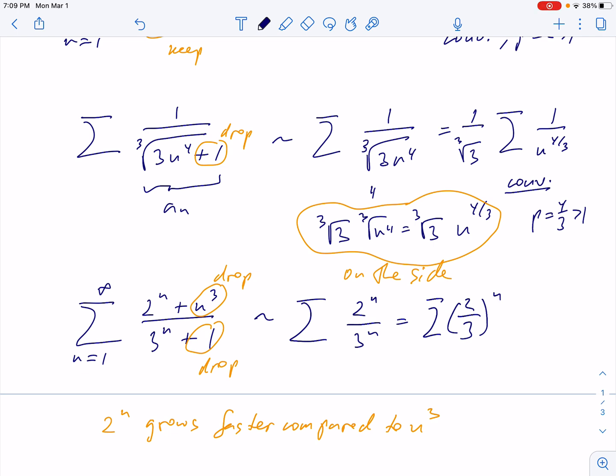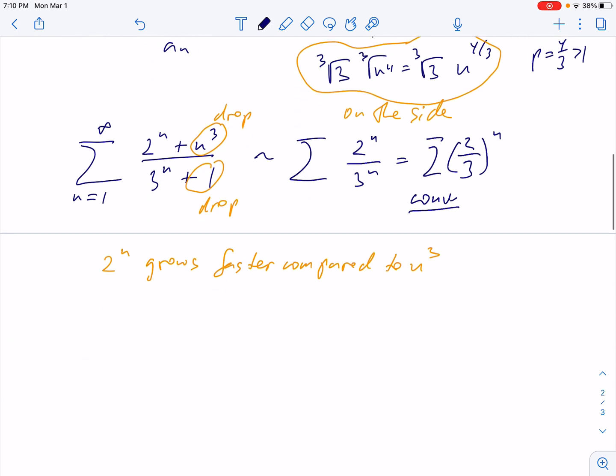And this will be convergent because 2/3 is less than 1, between 0 and 1. So the initial series will be convergent. So if we simplify the series like I did and we come to a convergent series, our series is convergent. If we come to a divergent series, it will be divergent, like in our first example.